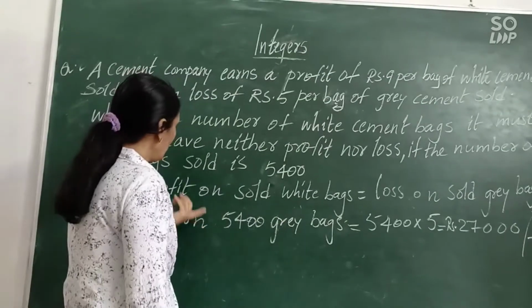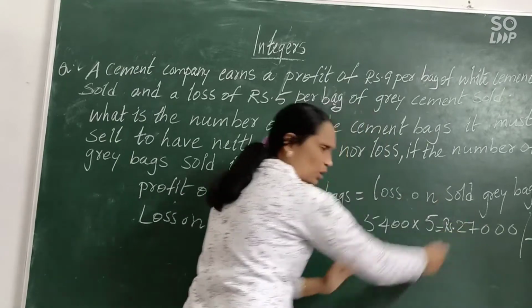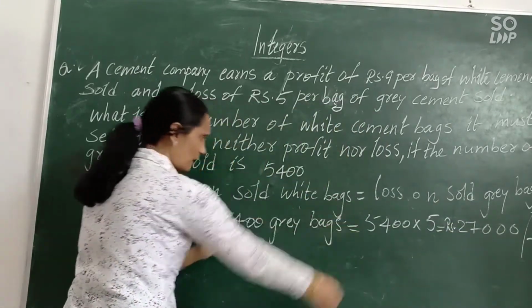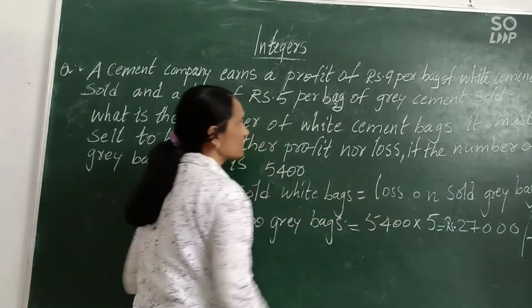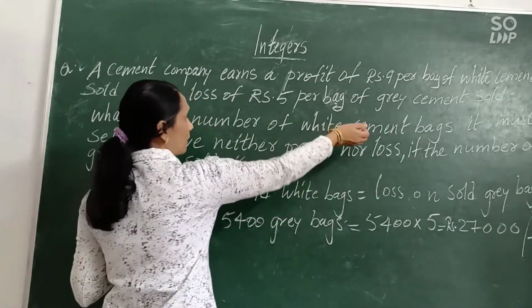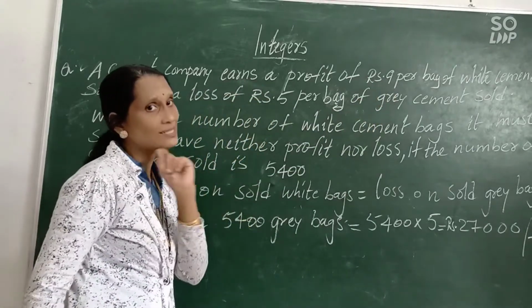So the profit is 27,000, because profit is equal to loss. How did we get 27,000? By multiplying the number by 9, because each bag the profit is 9.